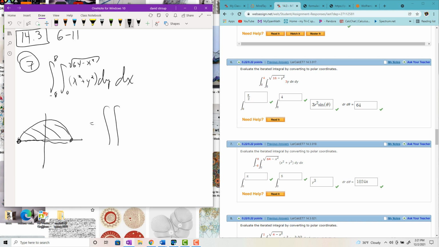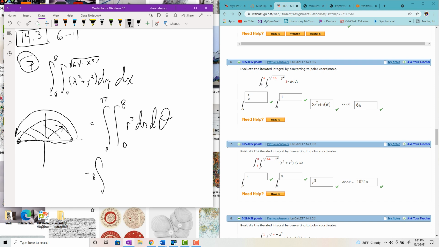So in polar coordinates, replacing x squared plus y squared with r squared, and then I have r dr d theta, so it would be r cubed dr d theta. And then I'm going from 0 to 8 for the r value, and then I'm rotating from 0 to pi. So here I'd have r to the 4th over 4.